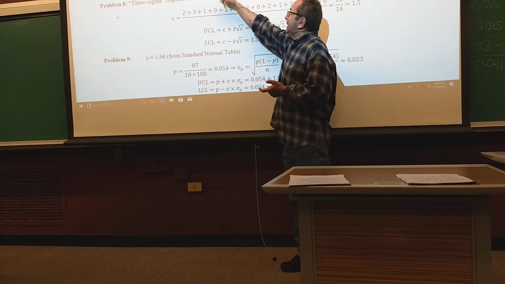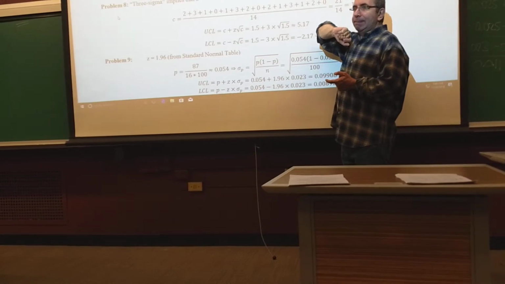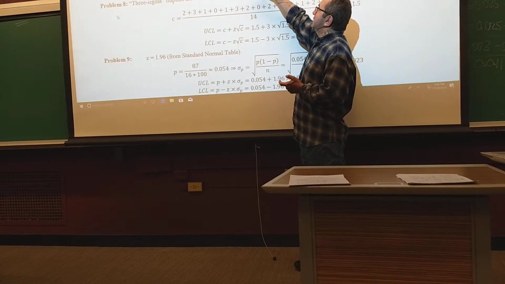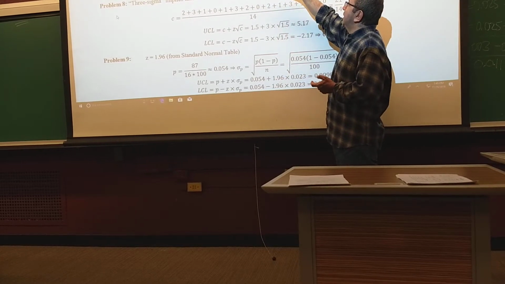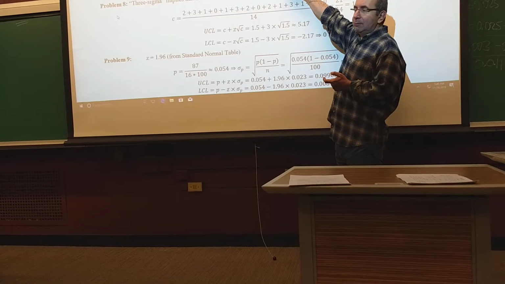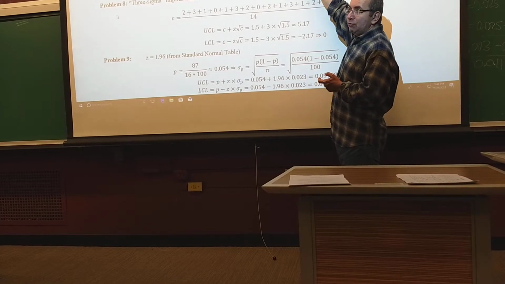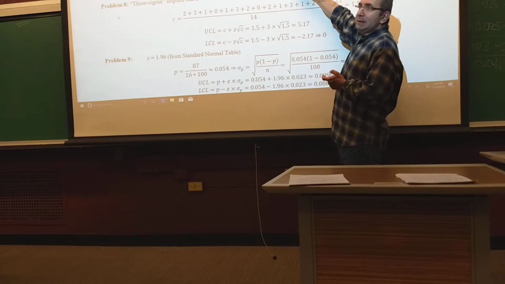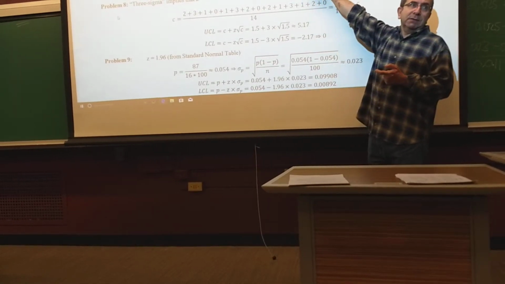I plug that into the formula: 7.86 plus or minus 3 times the square root of 7.86. This is the upper control limit and this is the lower control limit.